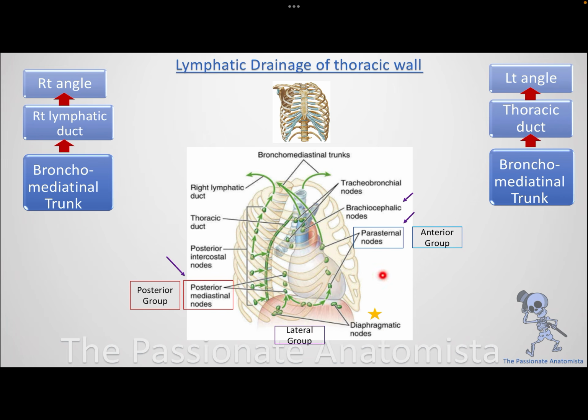We have 3 groups: anterior group, posterior group, and lateral group. If you are draining from the anterior group, it drains into the parasternal lymph nodes. If you are in the posterior group, you drain into the posterior mediastinal nodes. However, the lateral group drains into both of them, plus the brachiocephalic nodes.